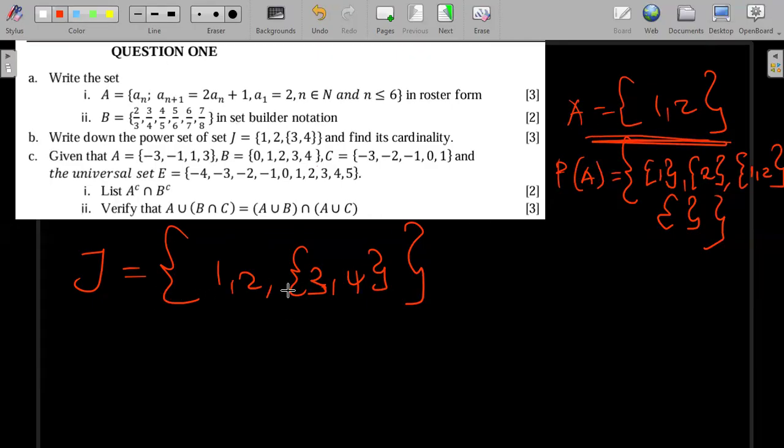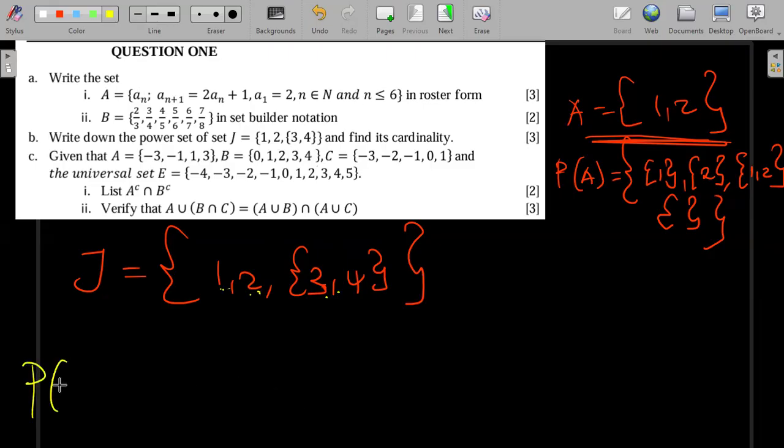Okay, the subset of this set can be one alone, 2 alone, or this set alone. Or we can combine 1 and 2, can combine 1 and this, we can combine 2 and this. Those will be the subsets of this set. And then we just list them in a set. That will be the power set.